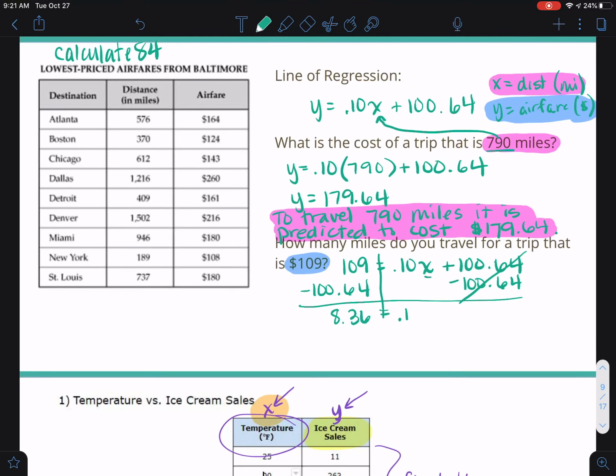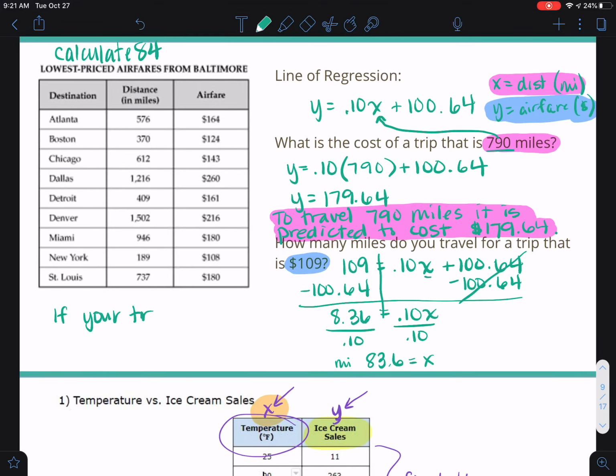And then I still have 0.10x. Now that 0.10 is being multiplied by x, so I'm going to divide by 0.10, and I come out with 83.6. So if you flew on a trip that was $109, remember x is distance, so this is miles. You will have flown 83.6 miles. I'm going to write this over here.